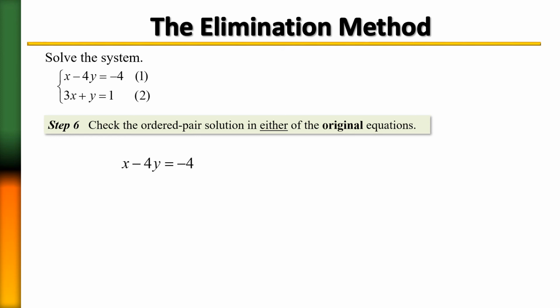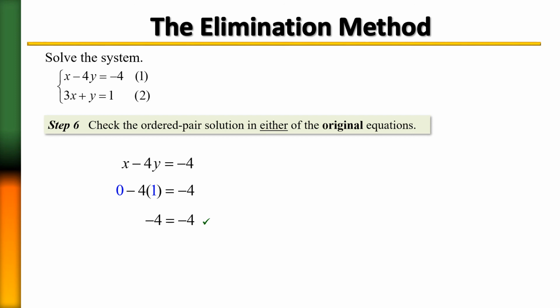So we're going to plug that in, 0 for x and a 1 for y, and do the math. When we do so, it does check out for the first equation. So that is your proof that yes, 0, 1 is a solution to this system of equations.